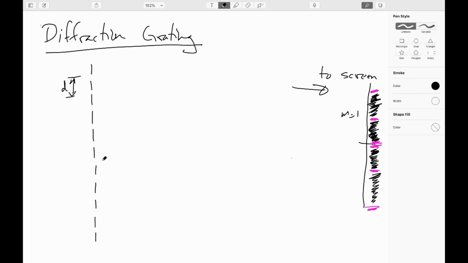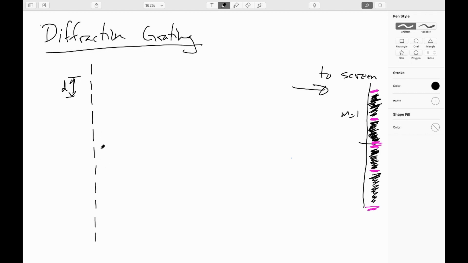But now the difference is that usually this spacing d in a typical diffraction grating is only a little bit bigger than the wavelengths of light, maybe a factor of 10 or so. So it gets to the point where it matters what the separation is. And so you can't use the small angle approximations anymore.